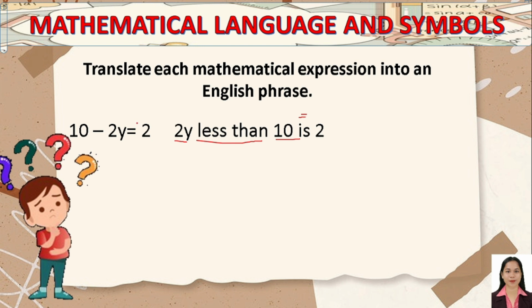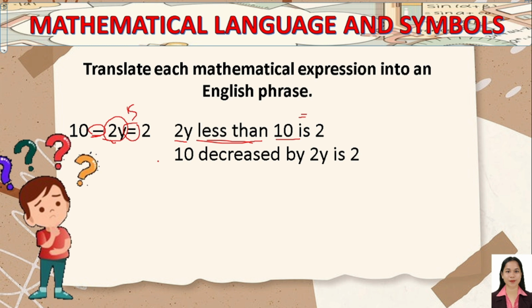Yung equal dito, we replace this as is, and we have here 2y, since the operation is subtraction, we can use less than. Pag translate natin siya into an English phrase, mauuna yung 2y kapag ginamit natin si less than. Mauuna yung after ng subtraction sign.